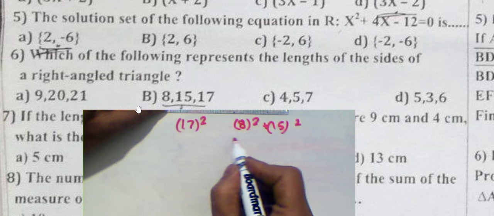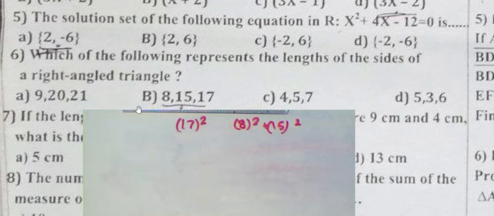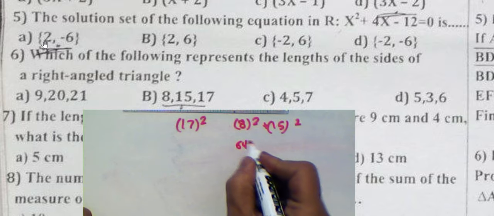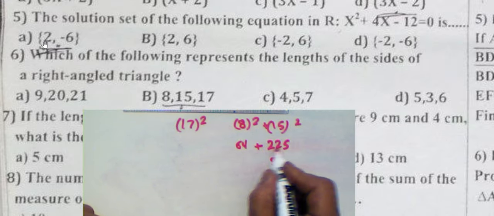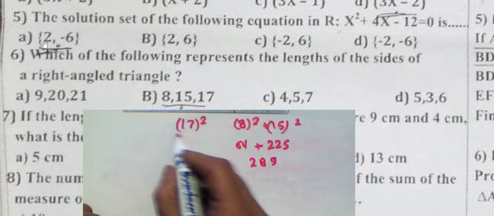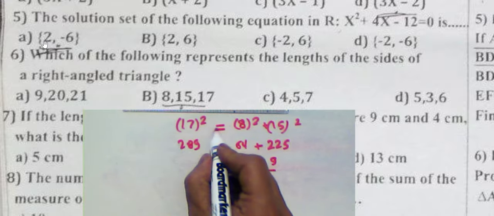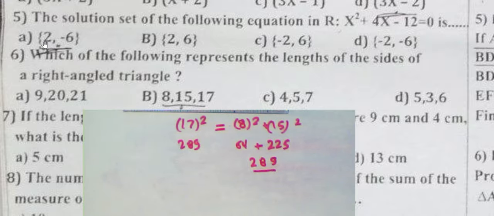If the result is equivalent, then these sides represent the lengths of the sides of a right angle triangle. 8 power 2 is 64 and 15 power 2 is 225, the sum is 289, and 17 power 2 equals 289 also. Then they are equivalent, so you must choose letter B. Okay, 17 squared is equivalent to the summation of the other sides.